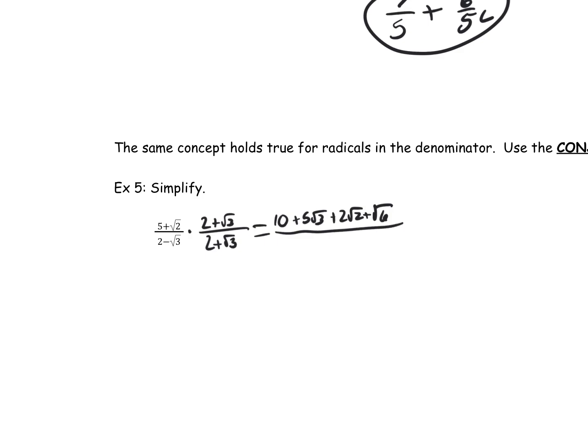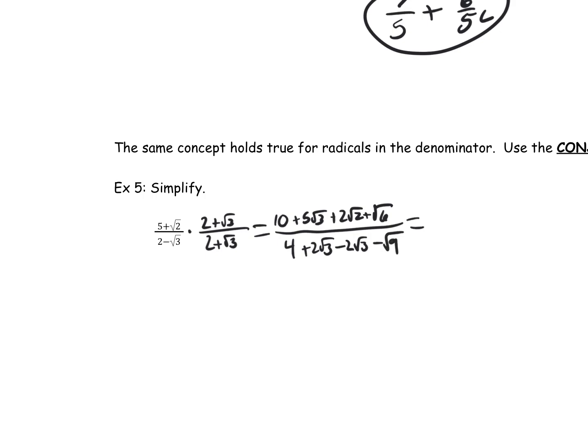All of that over 2 times 2 is 4. 2 times the square root of 3 is 2 square root of 3. The negative square root of 3 times 2 is negative 2 square root 3. And then negative square root of 3 times the square root of 3 is negative square root of 9.